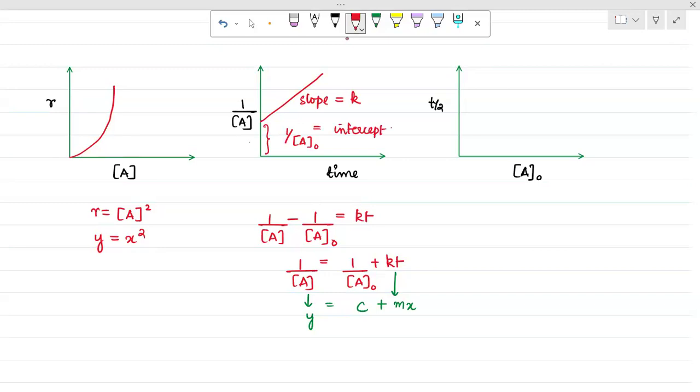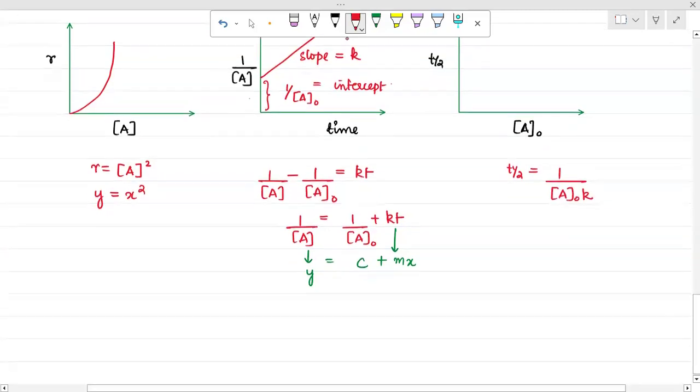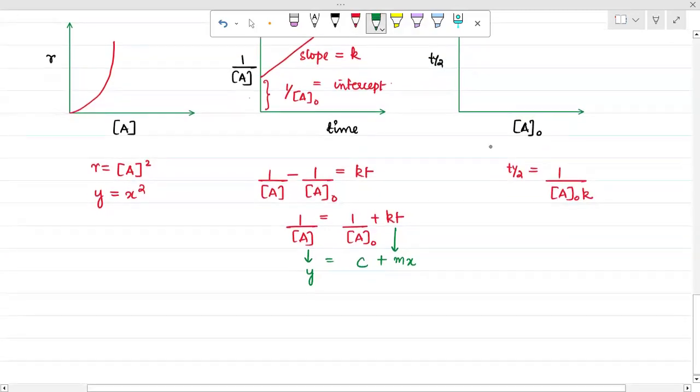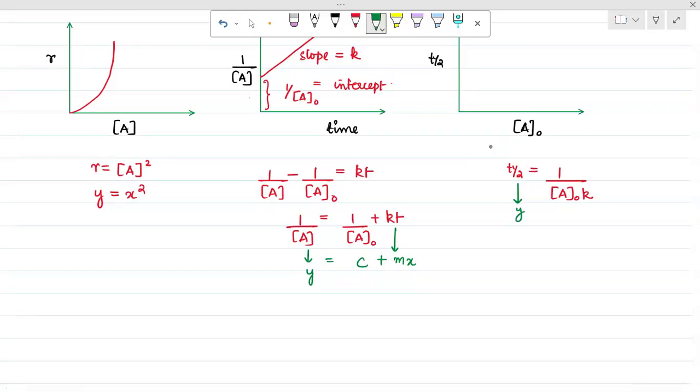Last one, T half versus A naught. So we know that T half is equal to 1 by A naught into K. Now this is our y term. A naught is our x term. Understand that you cannot take it as y is equal to mx.